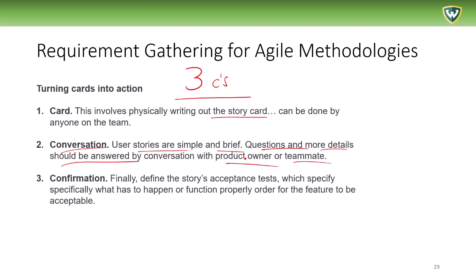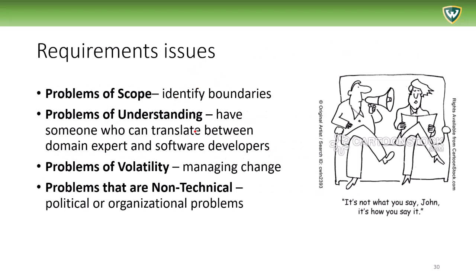Product owner, not necessarily the client, but somebody, once again, designated to make sure that the features are implementing the requirements. And the confirmation. So finally, define the story's acceptance tests, which specify what has to happen or function properly for the feature to be acceptable. So this is something about gathering requirements for developing software programs using agile methodologies.